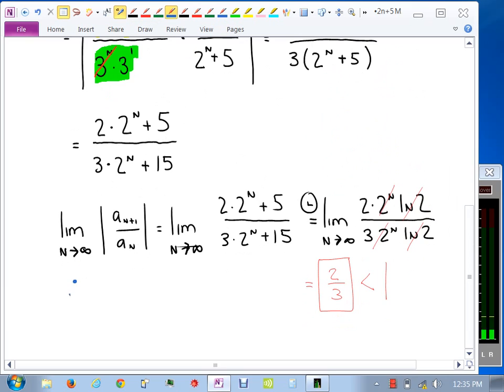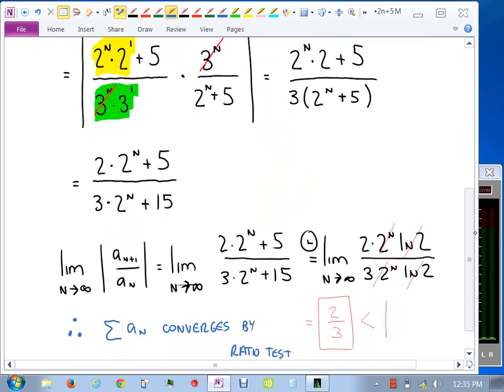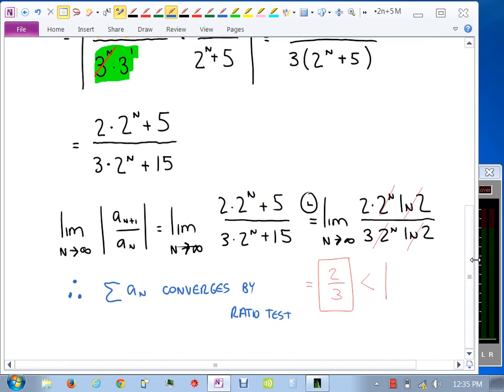Therefore, the original series converges by the ratio test. I got to make sure I wrote down a sub n somewhere up here, did I? Yeah, okay. What do y'all think?